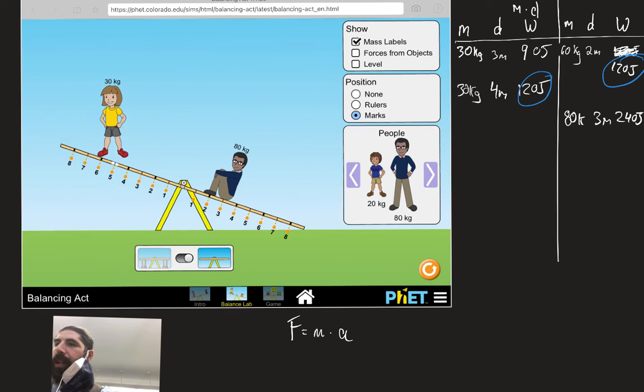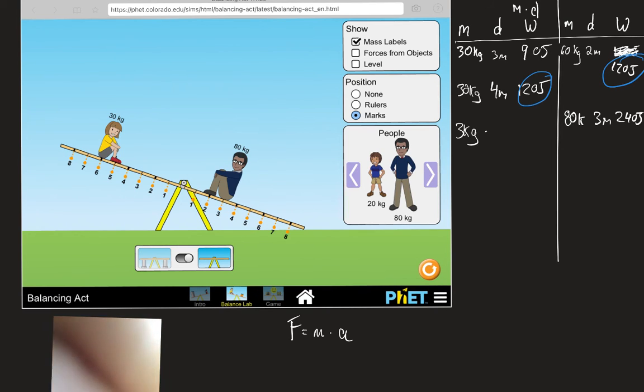Maybe if we increase her distance, still doesn't work, because 30 kilograms times 6 meters, that's right, it's only 180 joules, not big enough to match that 240.